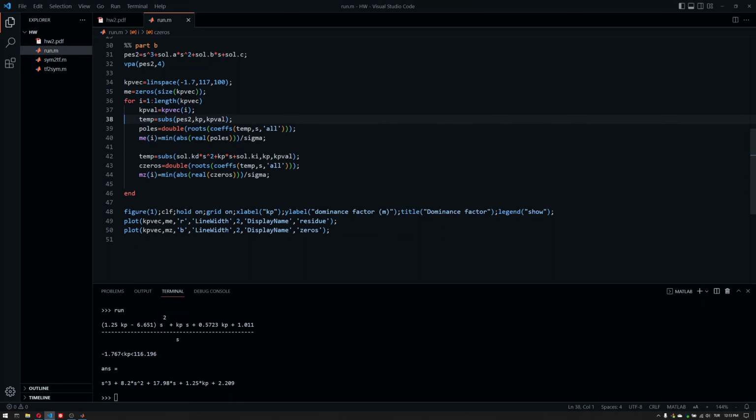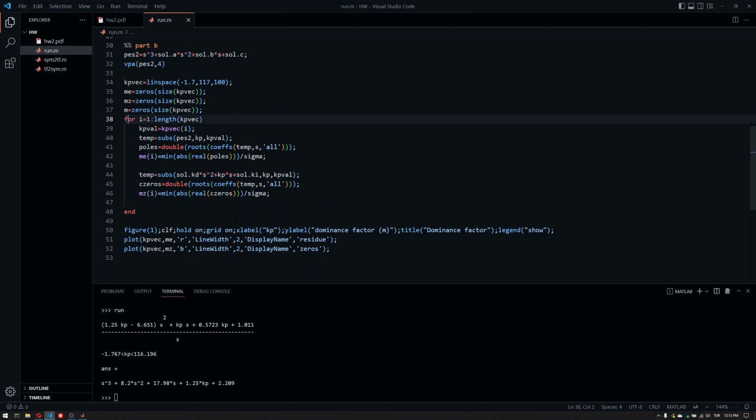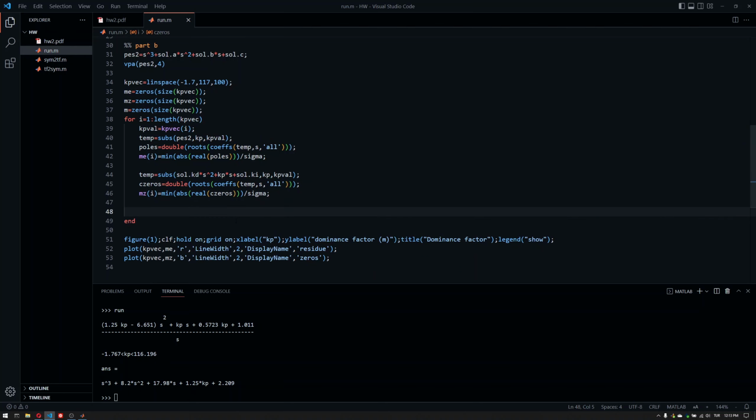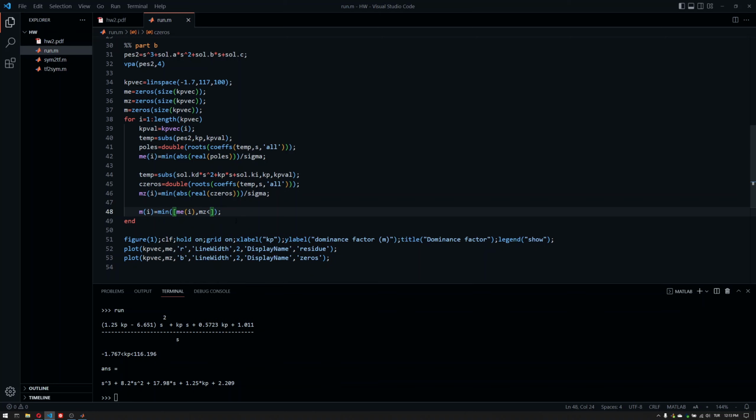Let's call this M, which will be calculated by the minimum of MPI, comma MZI.